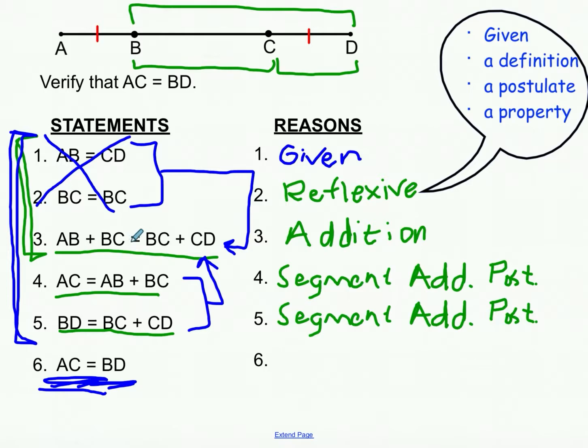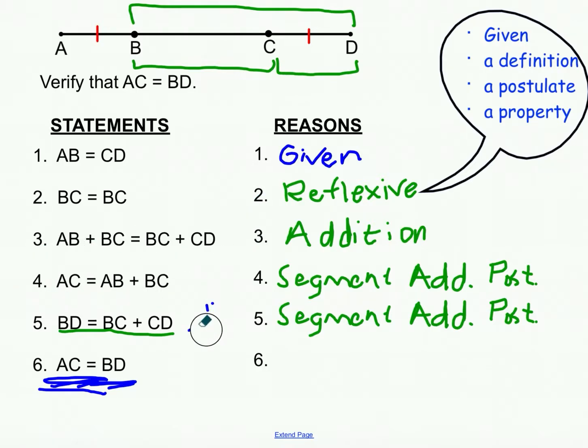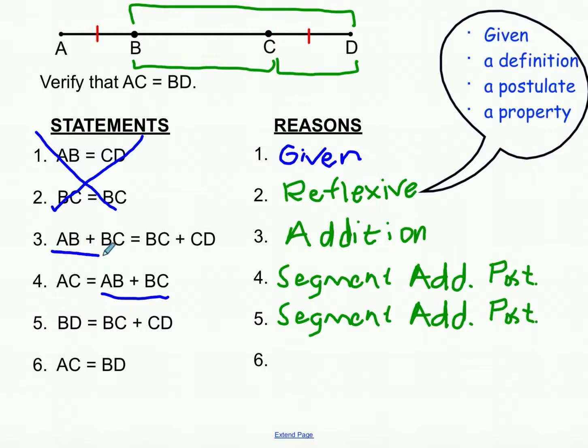Okay, well, if you look, we have this part of the statement right here, and I'm just going to clear all this out so that it's kind of easy to see. Erase all this, and then I'm going to go back and cross out this part. We've already used those statements to come up with another statement, so we don't need to use them again. So if you look, AB plus BC, well, that is this side of that statement, right?